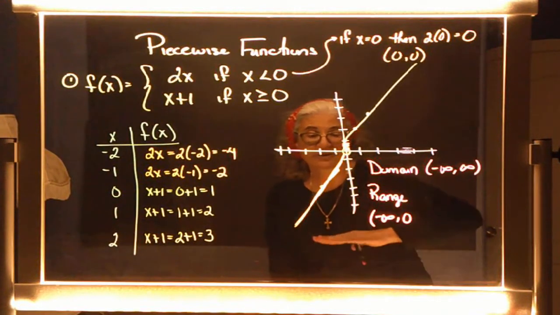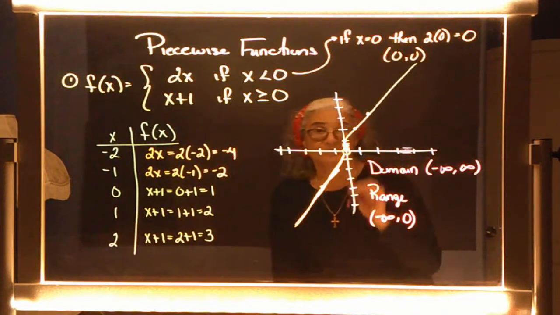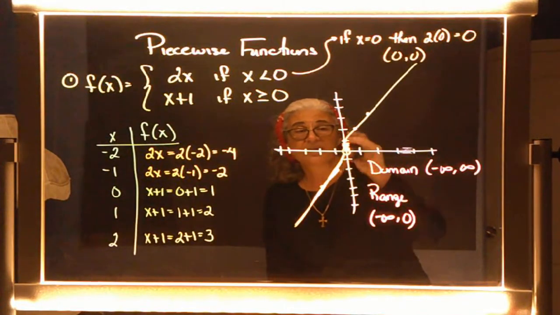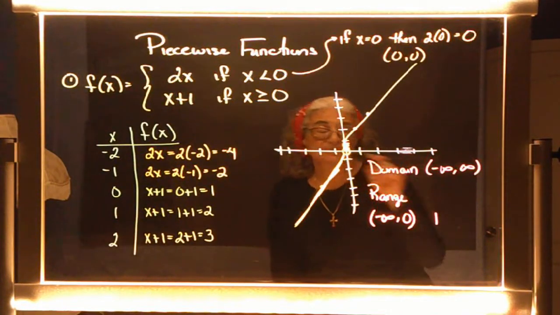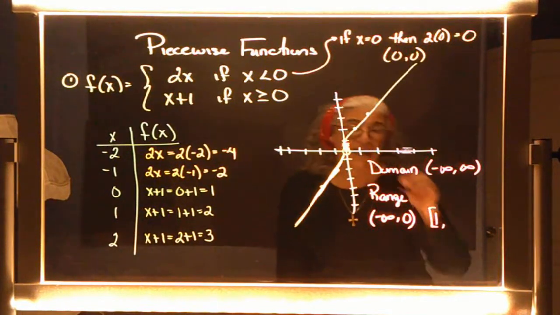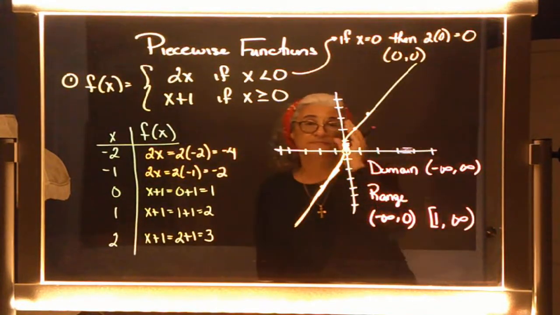So this part of the graph, the y's stopped at 0, but it didn't use the 0 for the y's. The next part of the graph literally picked up at 1 with a solid dot, and this part of the graph goes all the way to infinity, doesn't it?